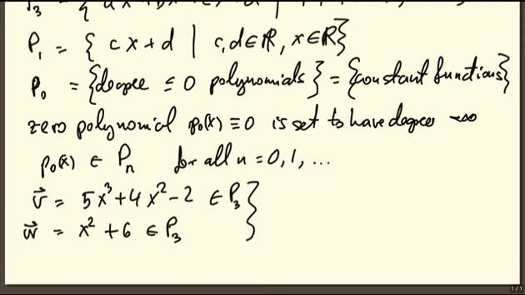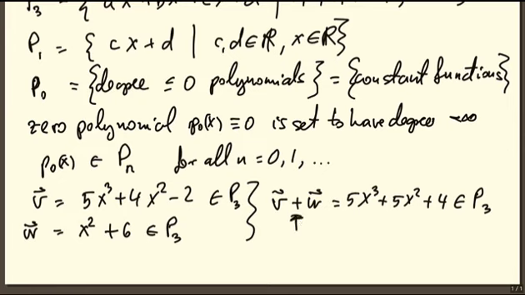Then if you have two vectors, the way we add them together is just simply adding together like terms, 5x cubed plus 5x squared plus 4. And then, of course, this is also in P3. Yes, so we have the plus operation going from P3 cross P3 to P3.